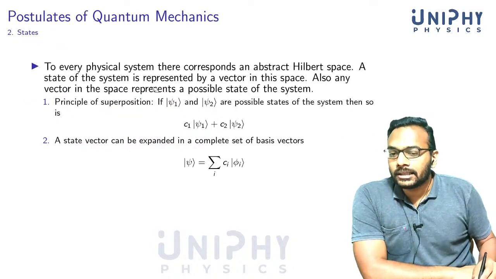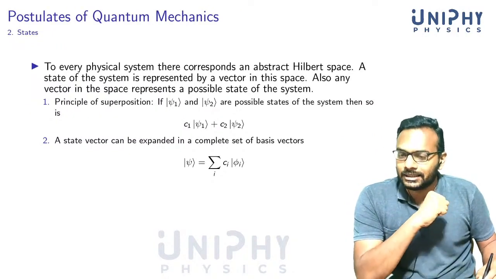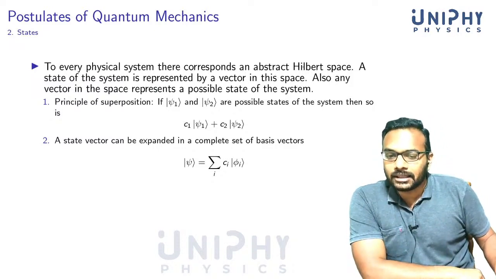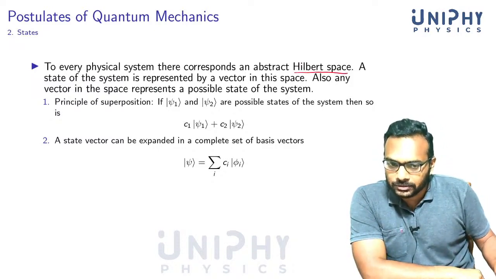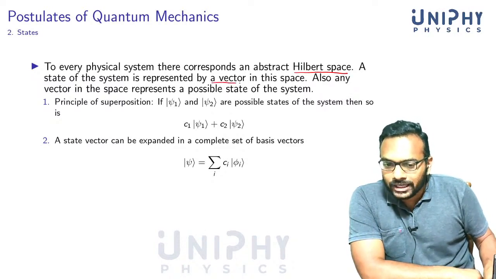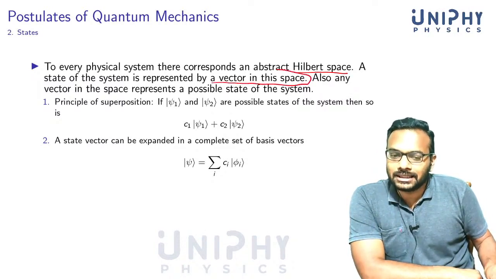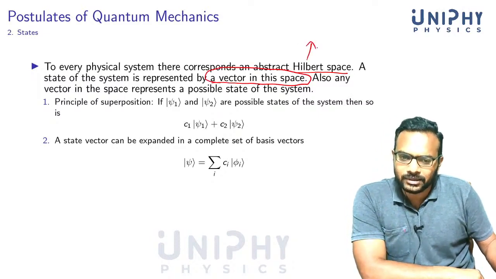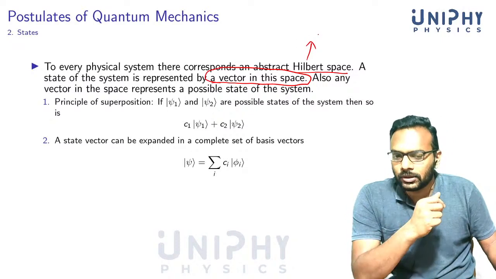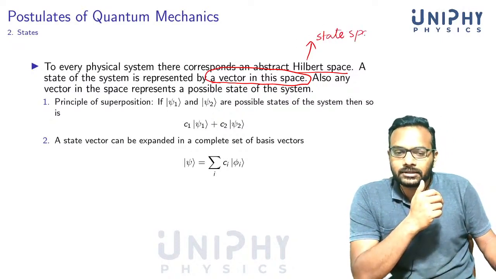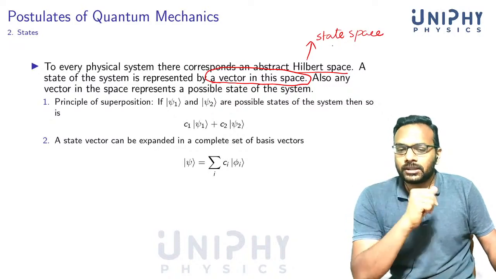The second postulate is regarding the state of the system. To every physical system, there corresponds an abstract Hilbert space. A state of the system is represented by a vector in this space. The states are represented by vectors in Hilbert space, and as I said earlier, Hilbert space is called the state space, the space of states in quantum mechanics.